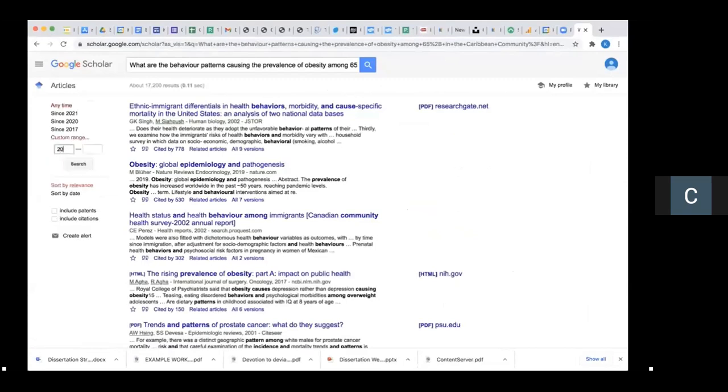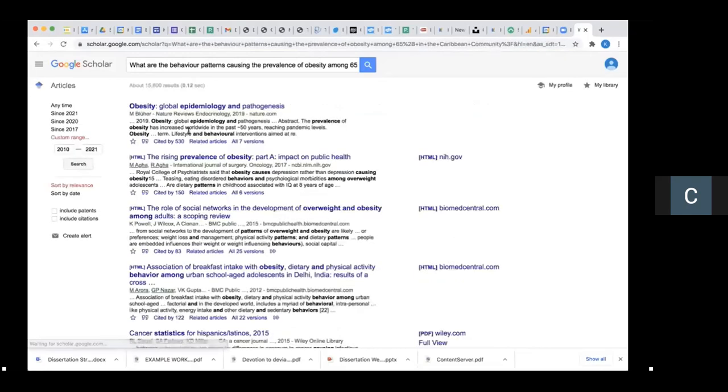Box standard practice is that you filter for articles no older than 10 years. We are at the beginning of 2021, so you go from 2010 to 2021, search, and you have 15,800 articles. So you will start to look and generate topics.